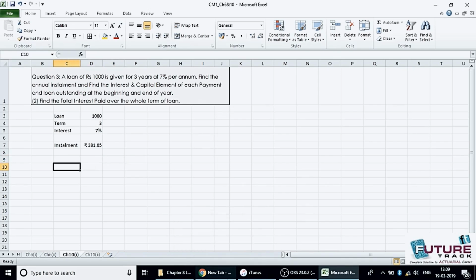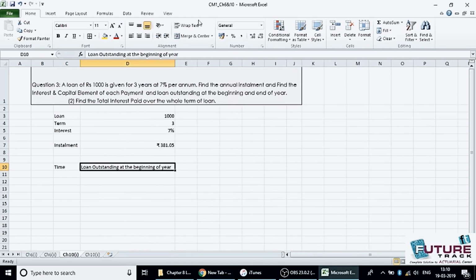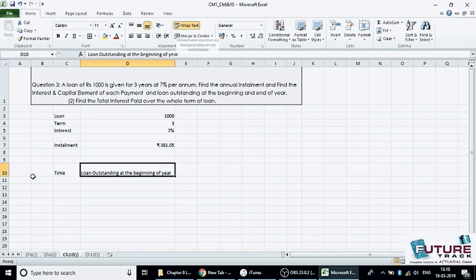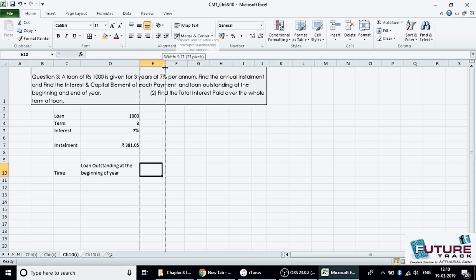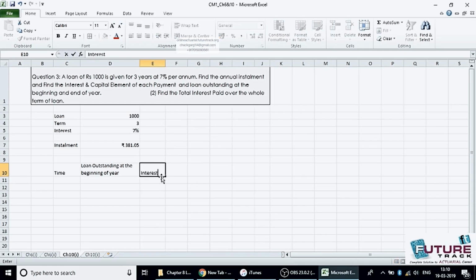Now we have to make a loan schedule. Time, installment. Better we will write loan outstanding at the beginning of year. Then we have interest, capital, and loan outstanding.